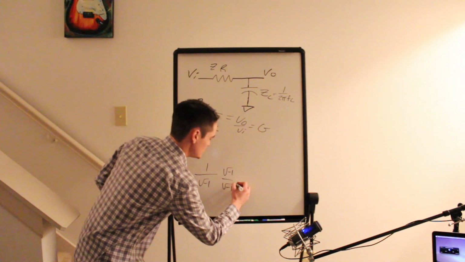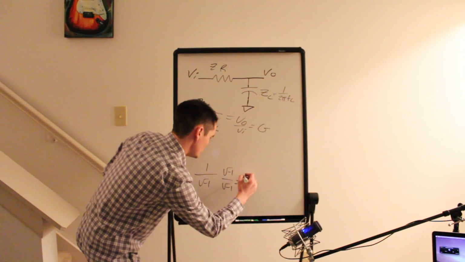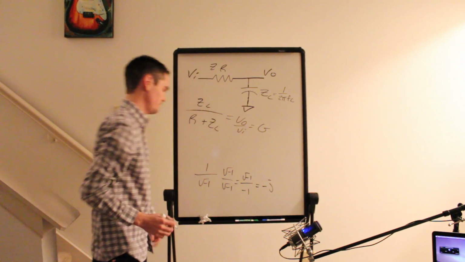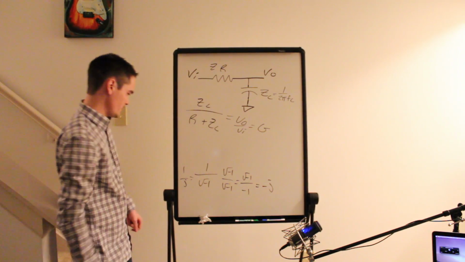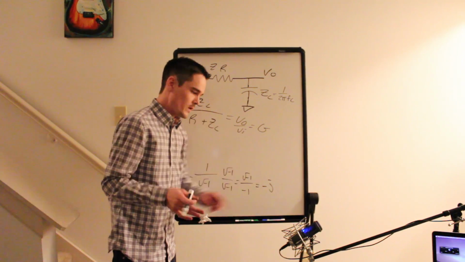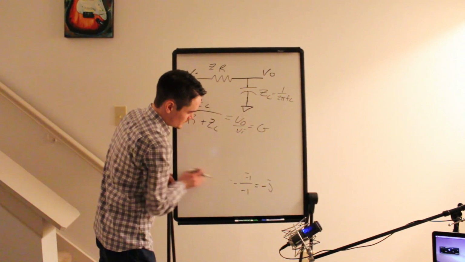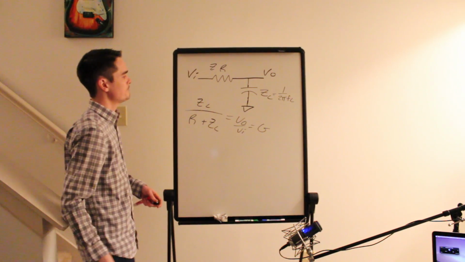But what happens is this is then equal to minus 1 with the square root of minus 1, or equal to minus j. You see how we get that? And by the way, this is 1 over j. So you see how we get 1 over j is equal to minus j. Just wanted to explain that real quick, because you guys might run into that. And I remember when I first saw it, I was like, what are you guys talking about?